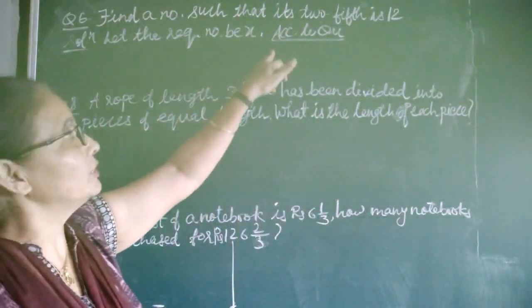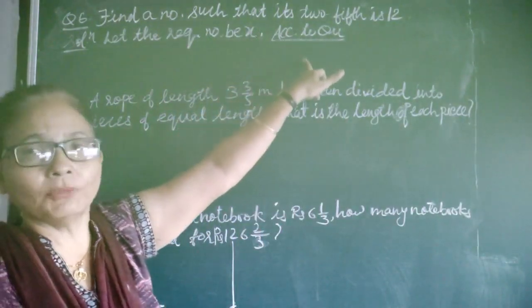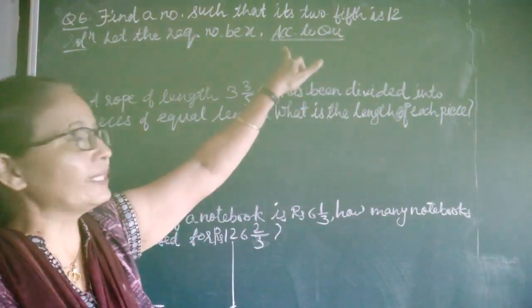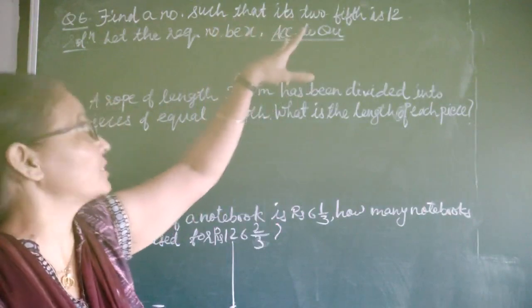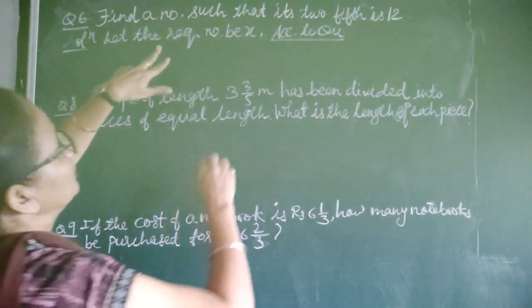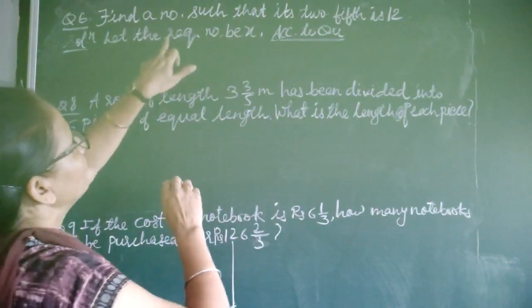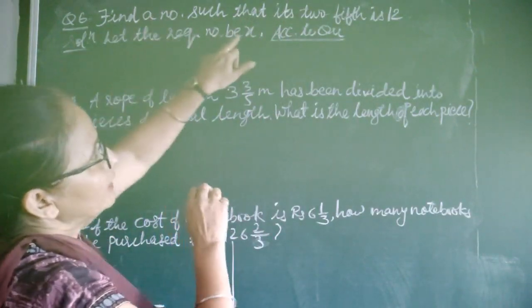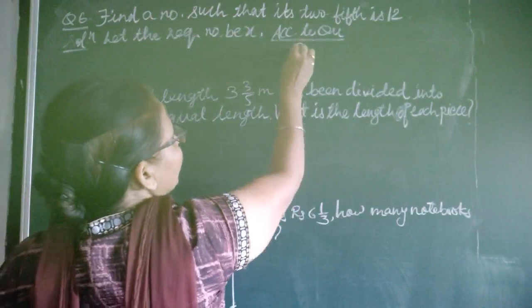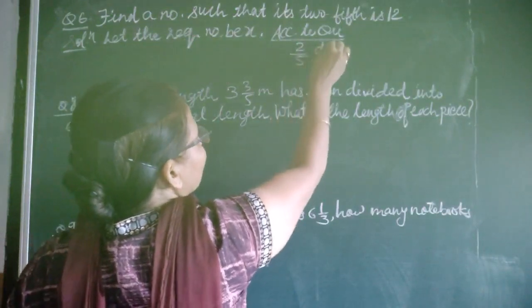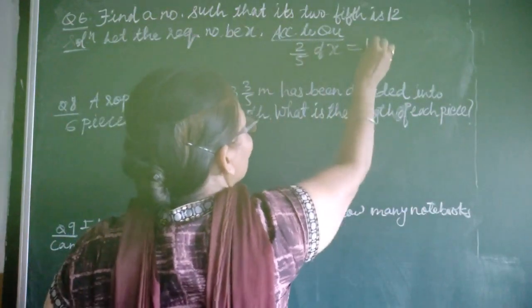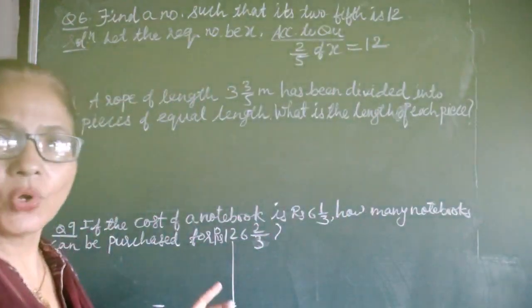Read the statement, and according to that you have to write the mathematical form of the given statement. Such that its 2/5 means 2 by 5 of the number, and that number is x. So we write 2 by 5 of x is equal to 12. This is according to the question.